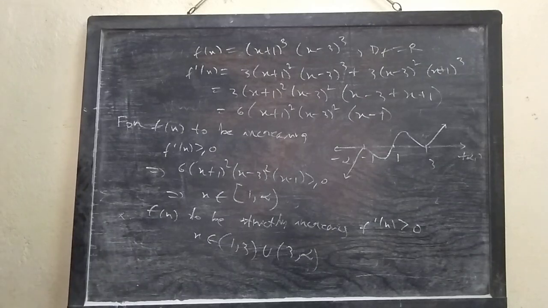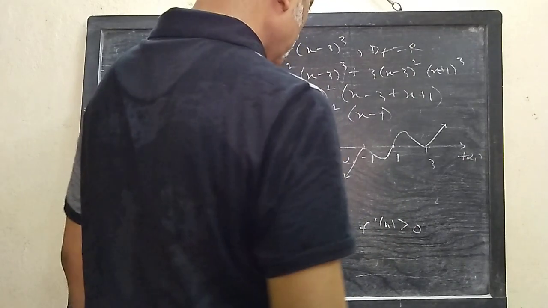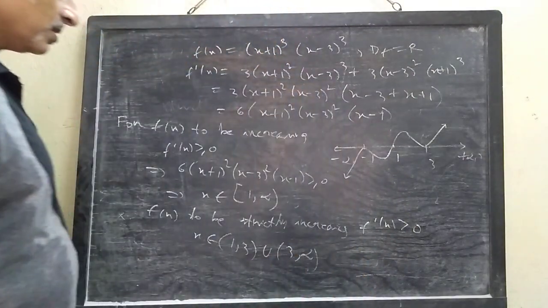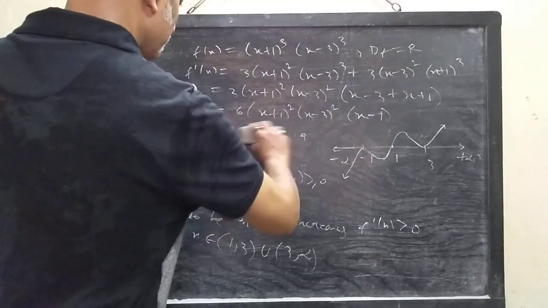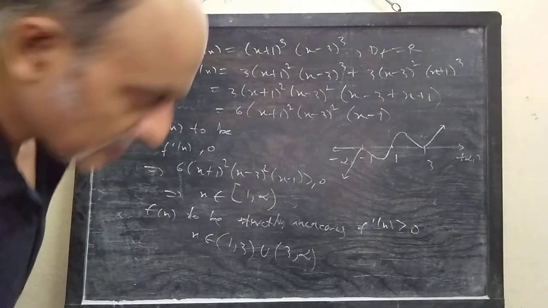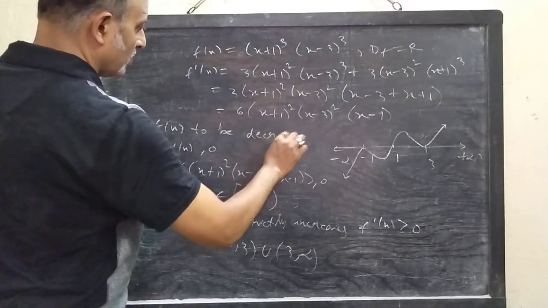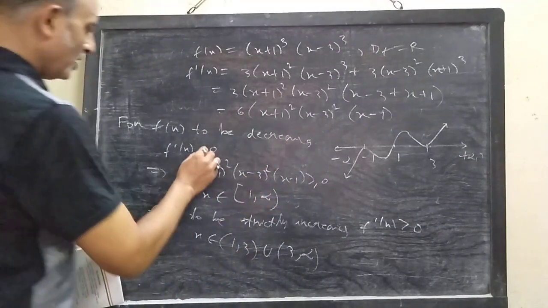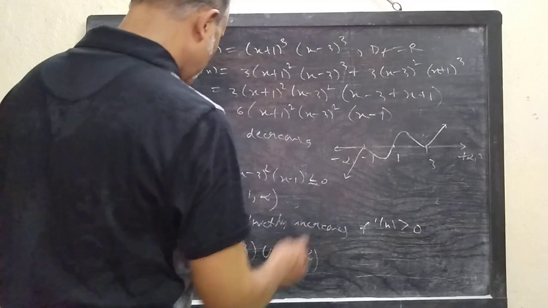Similarly for strictly decreasing, this will be open -1 to 1 and -infinity to -1. For decreasing, f'(x) is lesser equal to 0.